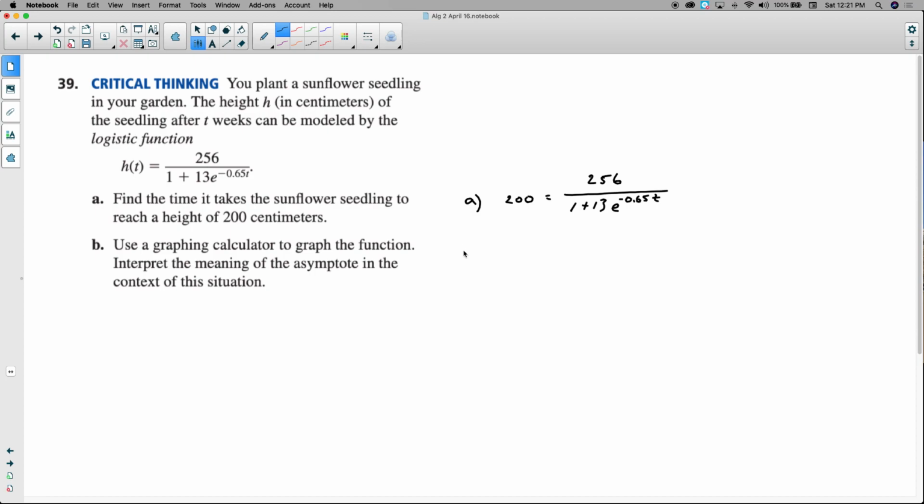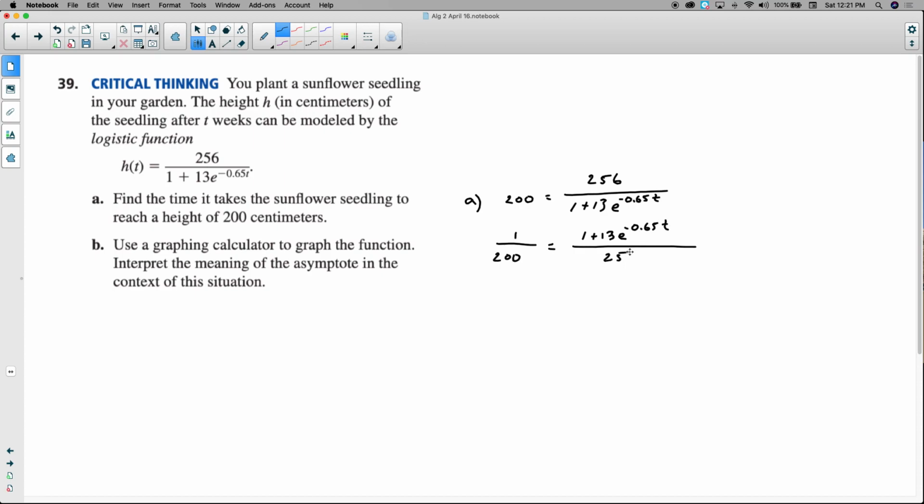Okay, so then I'm going to work on solving that. And one thing that I see in the problem is that the variable is on the bottom of the fraction, so I don't like that. So I'm going to flip each side. That's taking the reciprocal of each side, and that is a totally legal algebra move.